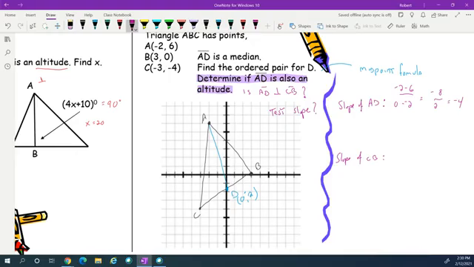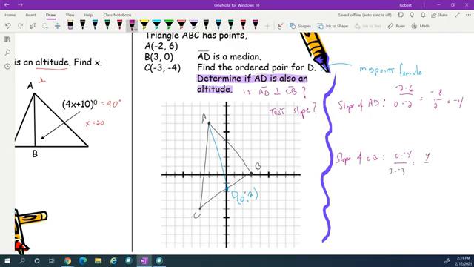Finding the slope of CB: Y2 minus Y1 over X2 minus X1.